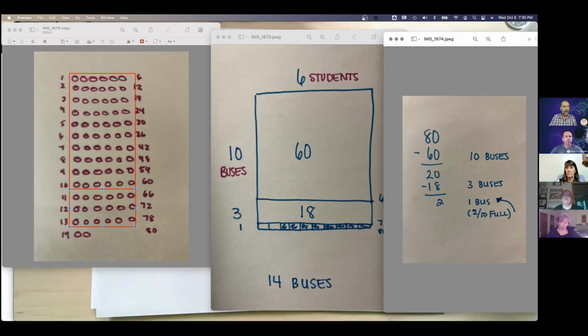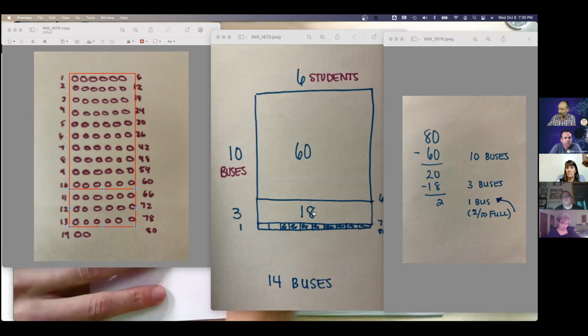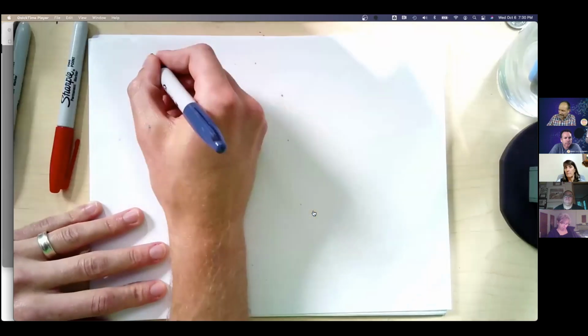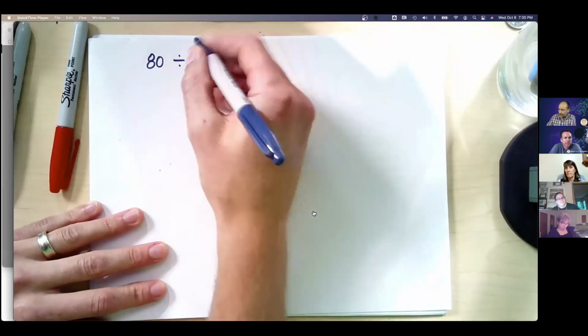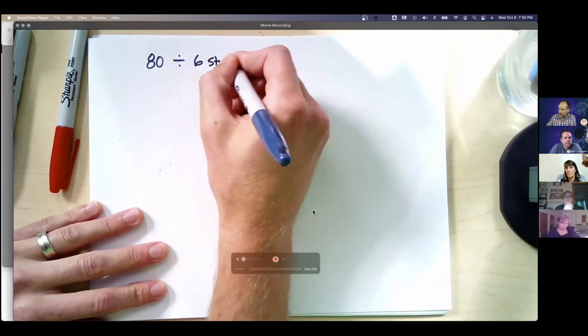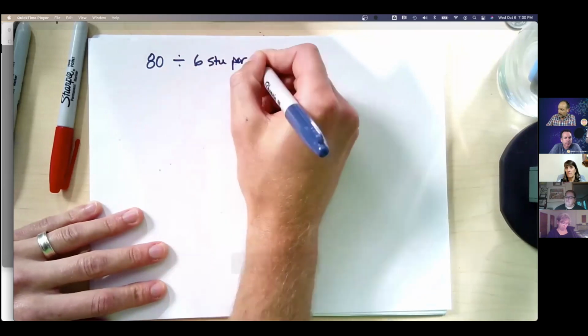And when you look at this area model, a student could have started with 80 and then taken away 60 and then took away 18, and then they were left with only 2. But in reality, this student probably started by building from more of a multiplicative problem. They were probably looking at this rather than it being 80 divided by 6 students per van.